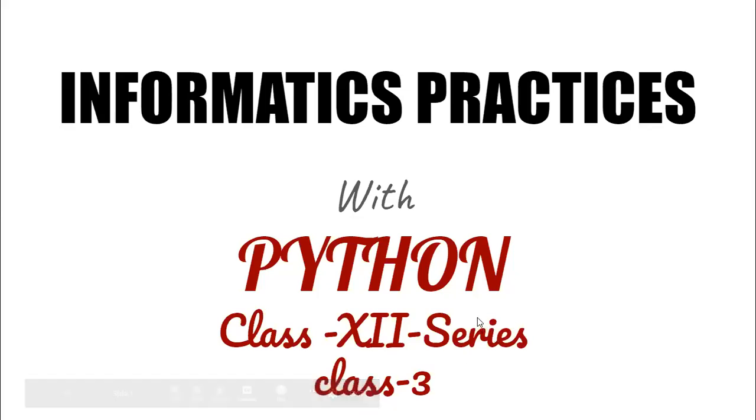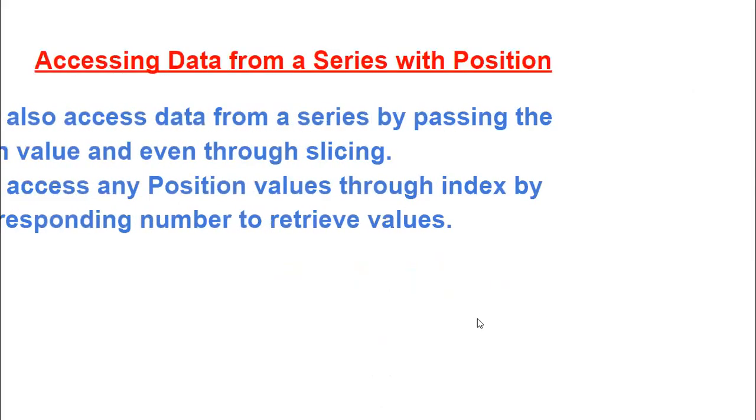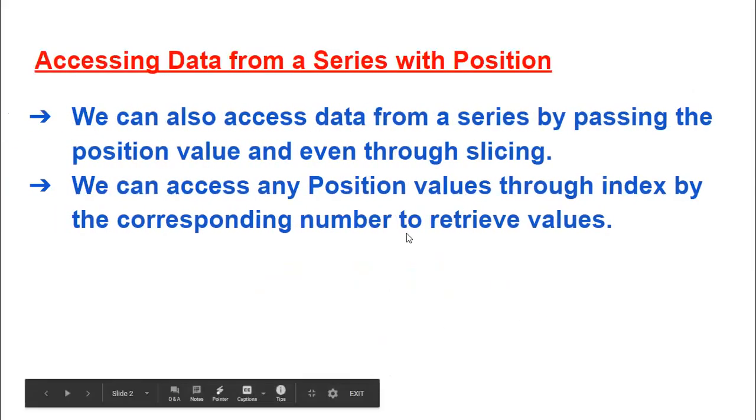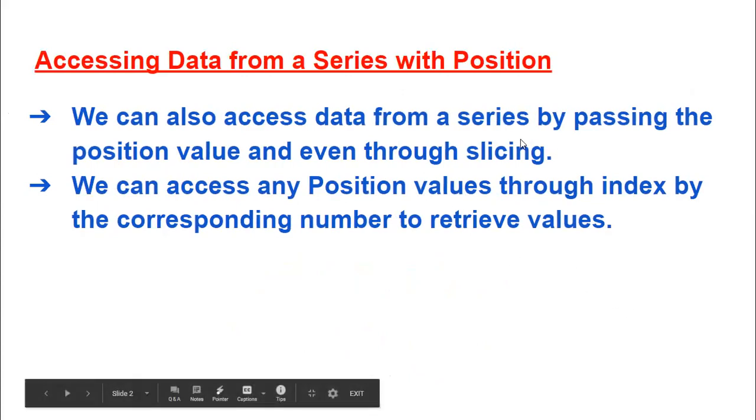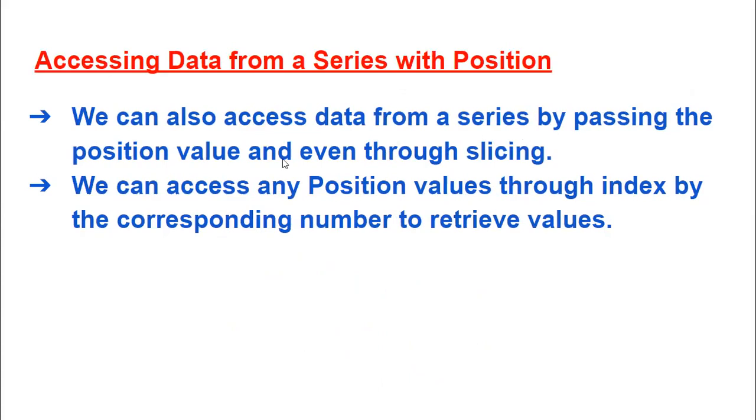In the last class we studied the series and the ways we can create a series. Now the next topic is accessing data from a series with the position. We can access the data from a series by passing the position value, even through slicing.